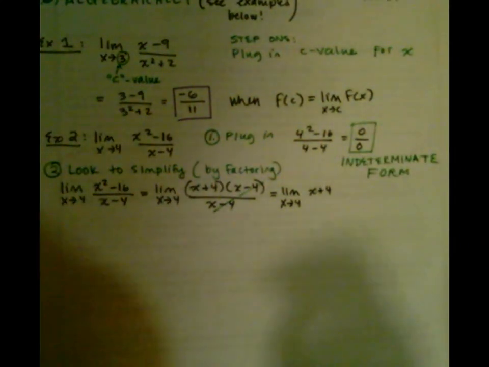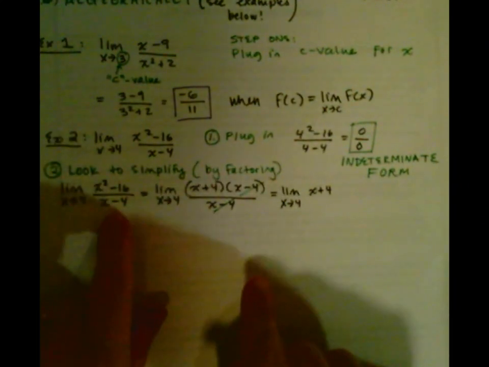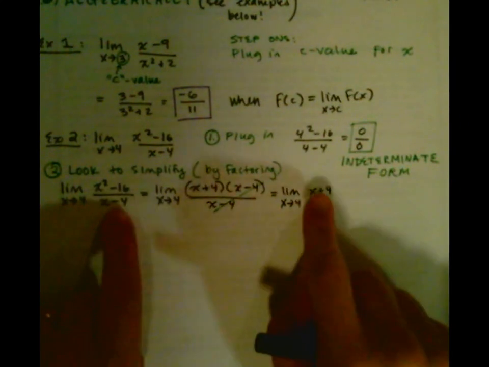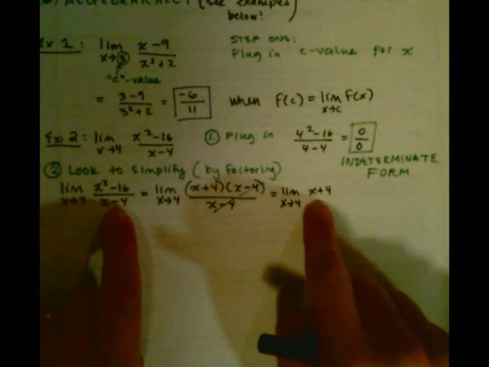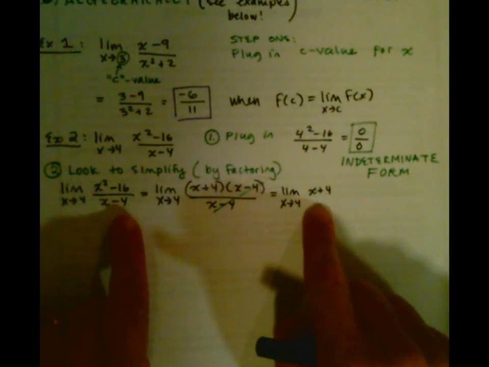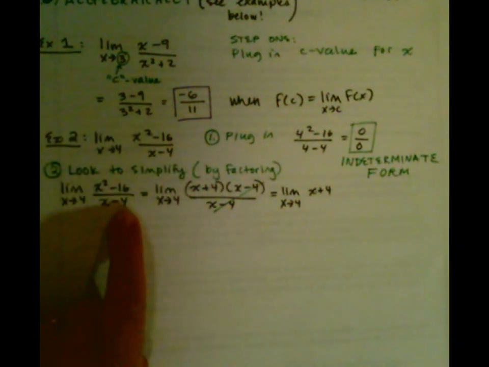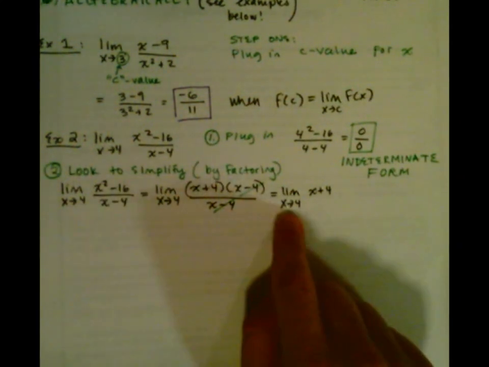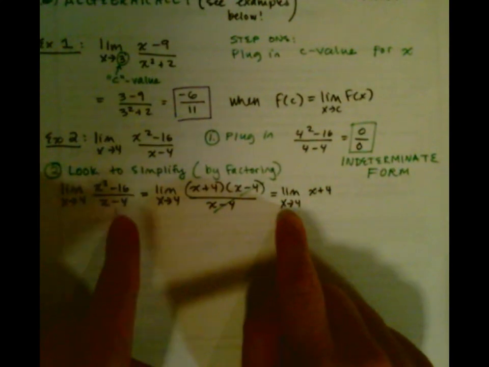Something I want to note here is that this rational function, x squared minus 16 over x minus 4, is not the same as the function x plus 4. Obviously, this is very different than this. But graphically, they end up looking almost the same. The rational function goes along the exact same line as x plus 4, except it's going to have a hole in it at the x value of 4. So if I take this limit, I should get the same answer as if I had taken this limit.